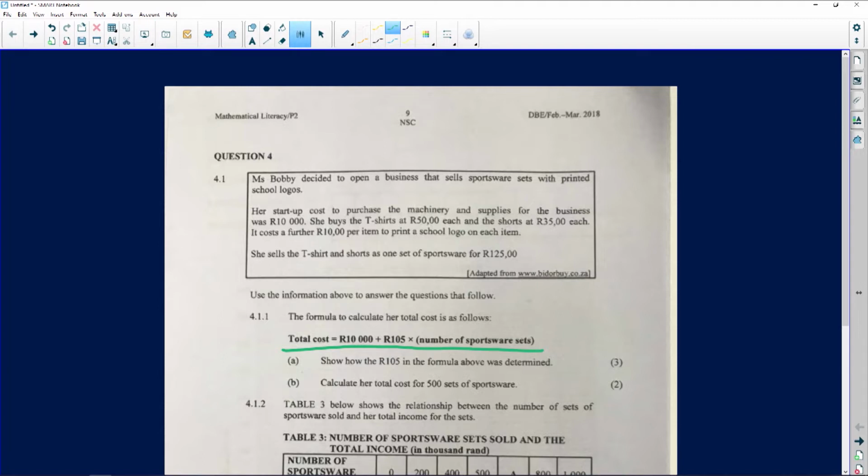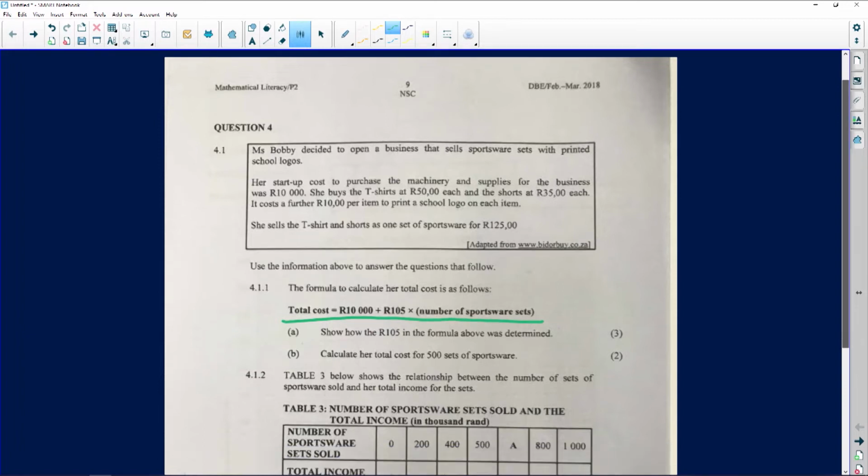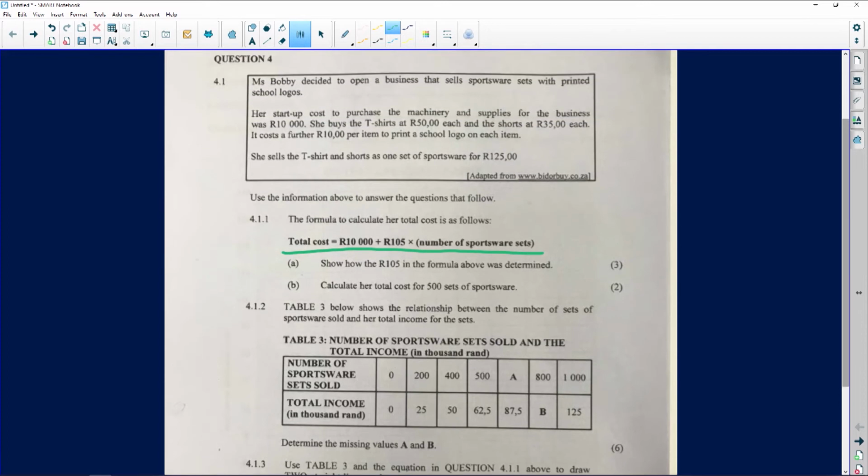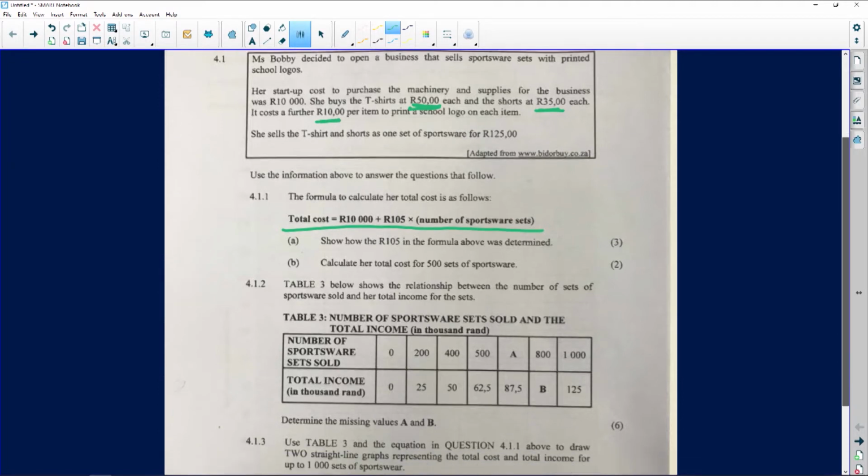Question A is asking us to show how the 105 Rand in the formula above was determined. If you look at what we are given, we're given the 50 Rand, we're given the 35 Rand, and then we're given the 10 Rand per item to print the logo on. We've got two items.